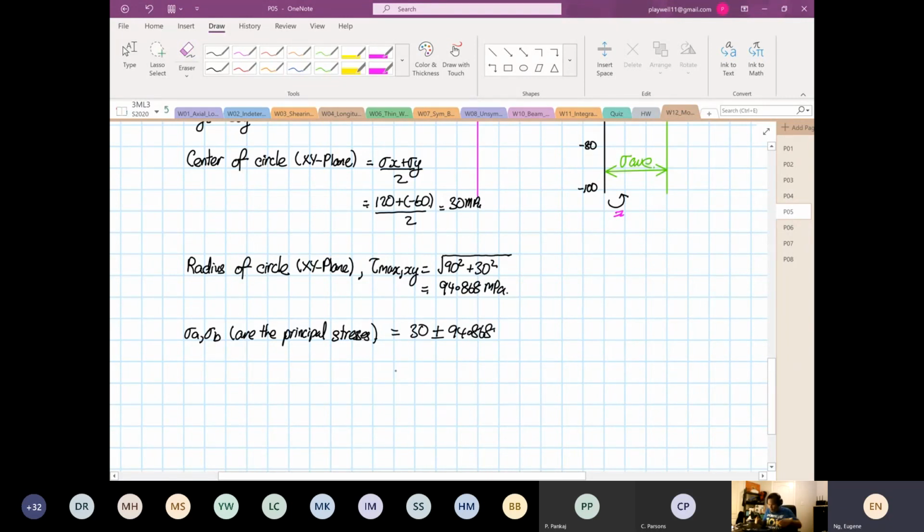So 30 plus 94.868 is equal to 124.868 megapascal. And the other one is 30 minus 94.868, so minus 64.868.